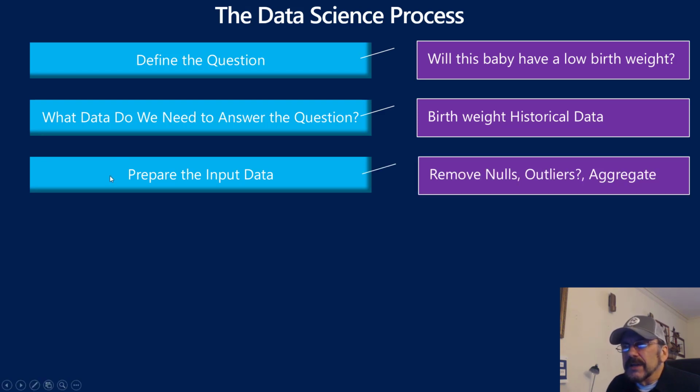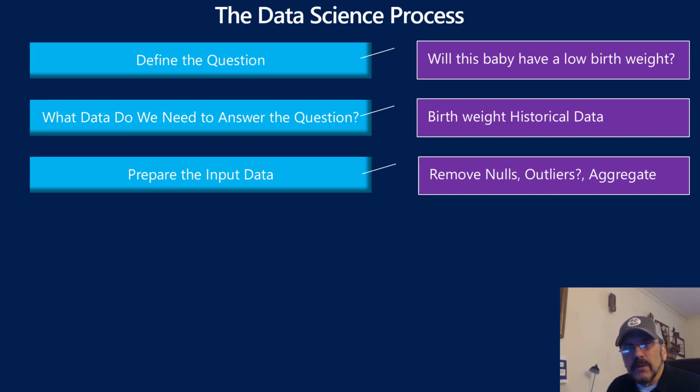But now we prepare the input data to be used. And part of that is removing nulls, outliers. If you see somebody is 358 years old, I'm guessing there's an error in the data. You may see things though, like high blood pressures, that are hard to believe, and so you've got to figure out what to do with those. And in a case like this, you have a separate row of data for each instance of a mother and birth weights. It might be the same mother spread over time.